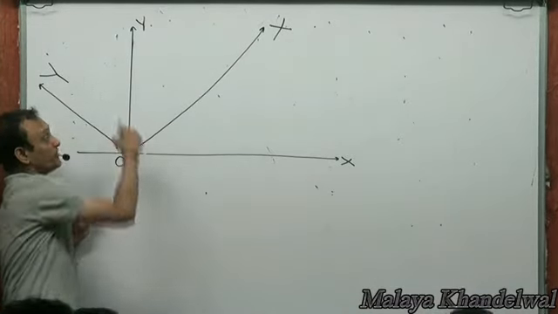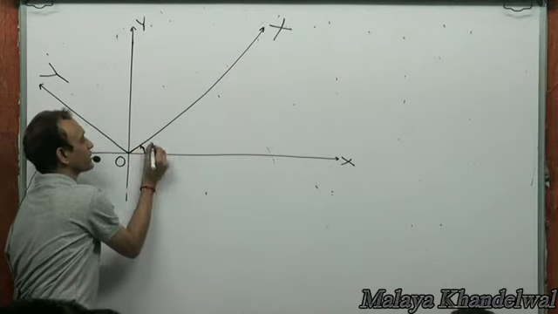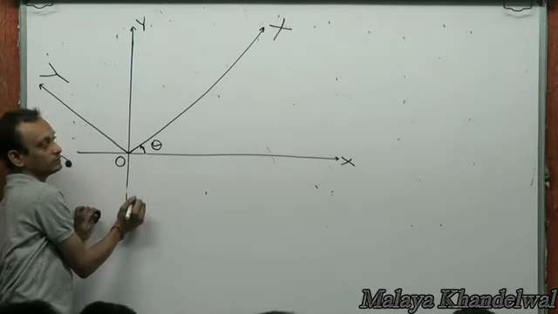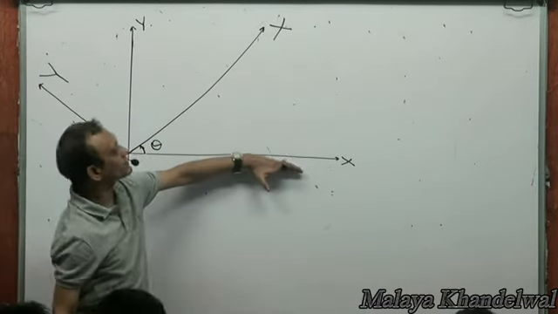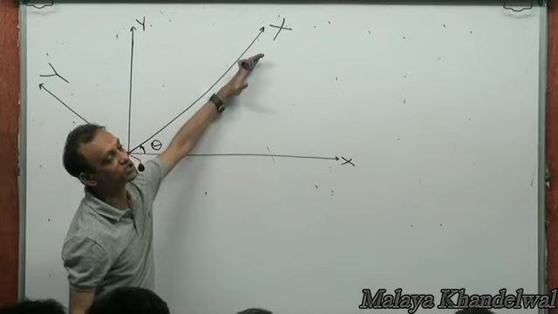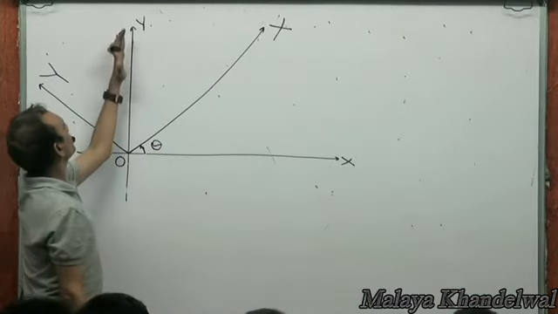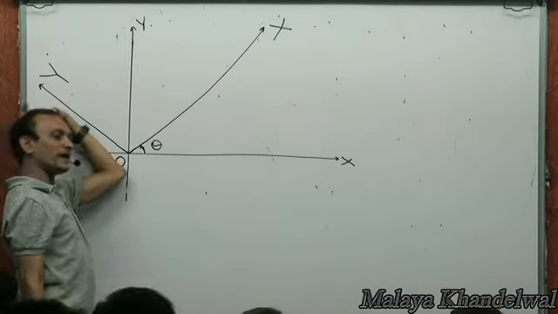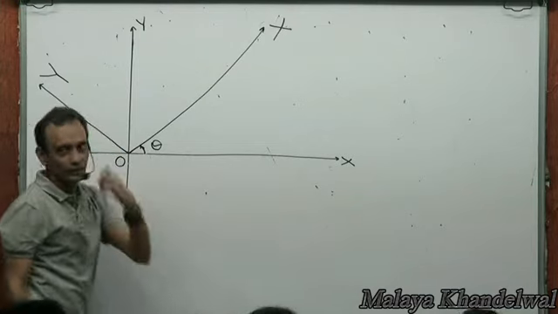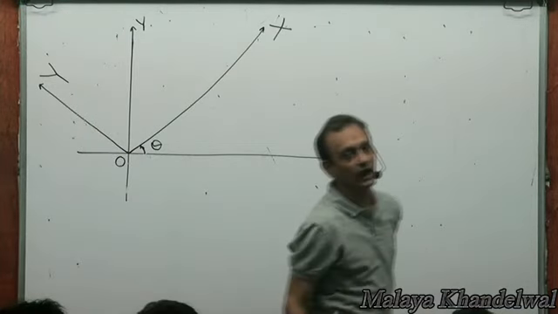This is rotation of axes, and let's say the axes have been rotated by an angle theta. The angle between the old x-axis and the new x-axis is theta. So the angle between the old y-axis and the new y-axis will also be theta. That will be maintained. Clear?